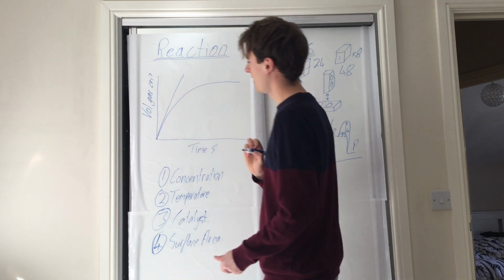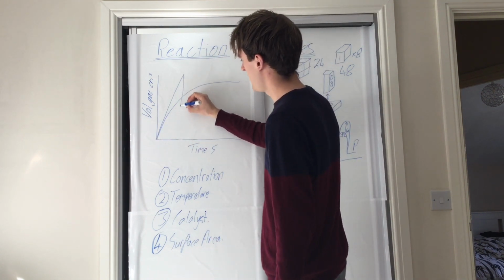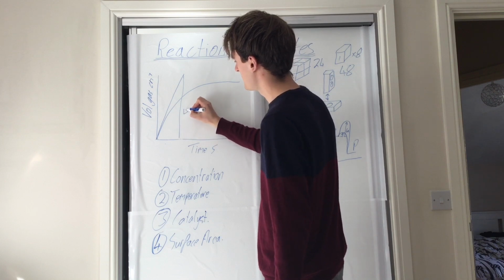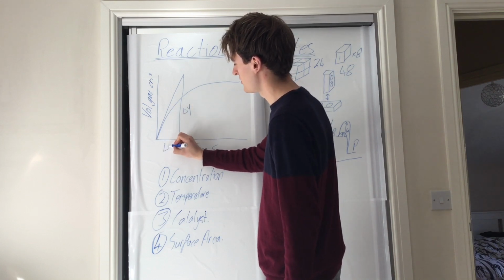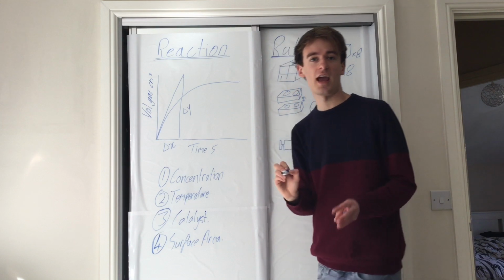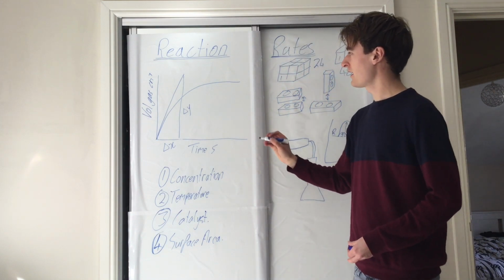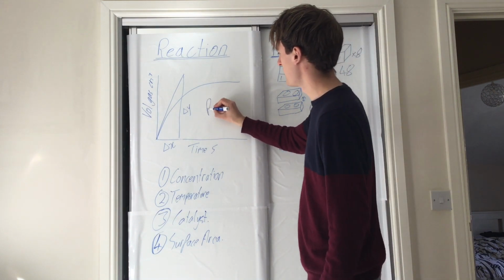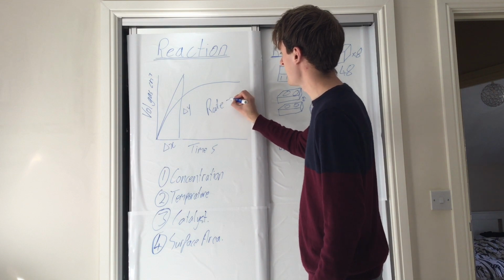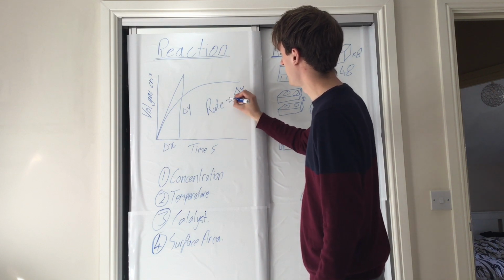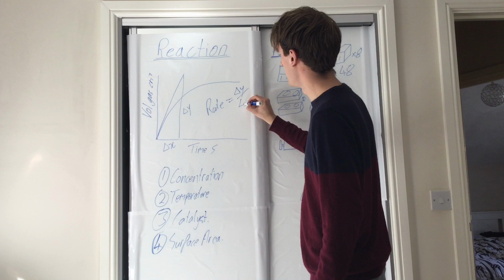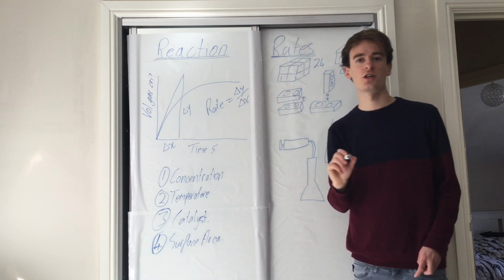Like this. I then take the change in y on that tangent and the change in x. Gradient is equal to rate, so my rate is equal to my change in y divided by my change in x.